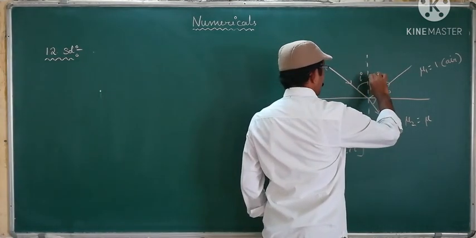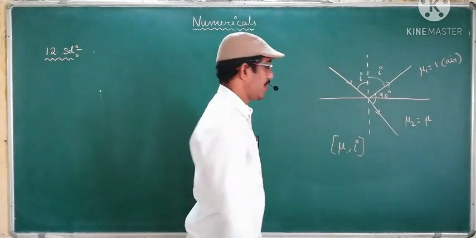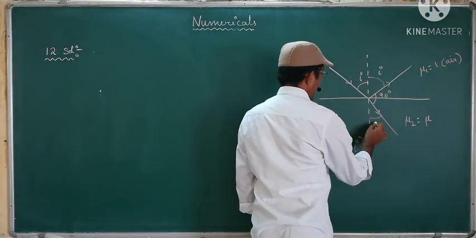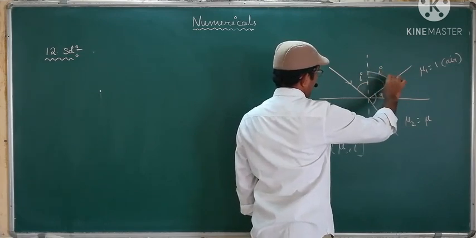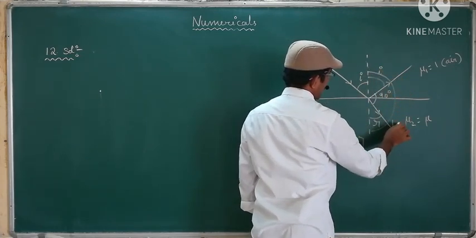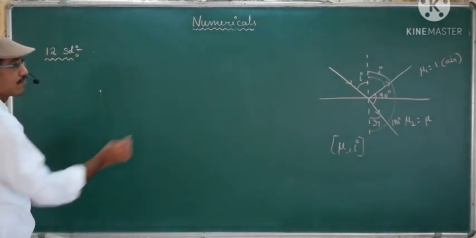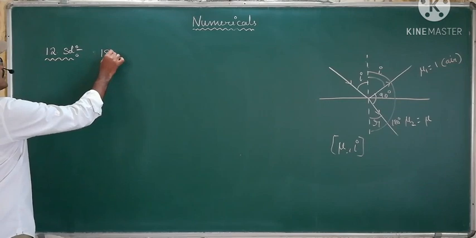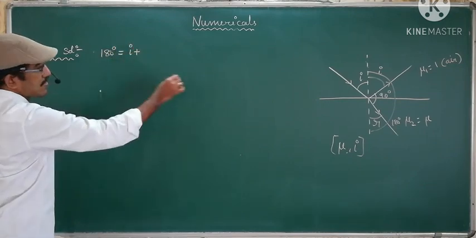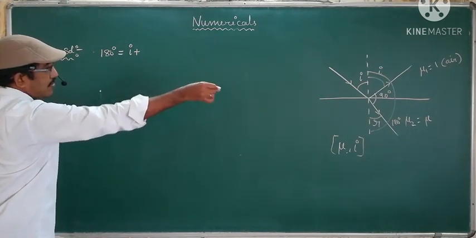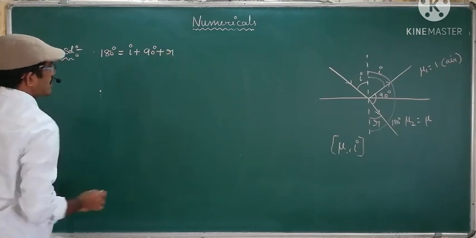The angle here is I and this is also I, so it follows the laws of reflection. And this is the angle of refraction R. The total is how much? This is 180 degrees, from the diagram. 180 degrees is equal to I plus the angle between reflected and refracted rays, 90 degrees, plus the angle of refraction.